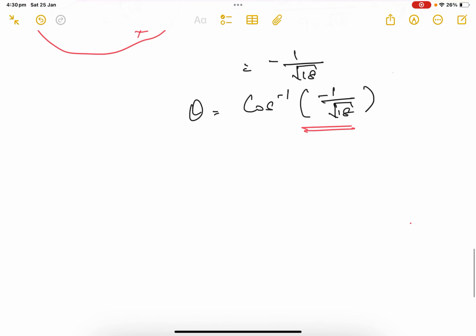So in that form, m equals minus 1 and n equals 18. That is the form in which we have to produce the answer: theta equals cos inverse of m divided by square root of n, which we have. Cos inverse of minus 1 over root 18. M is minus 1, n is 18.